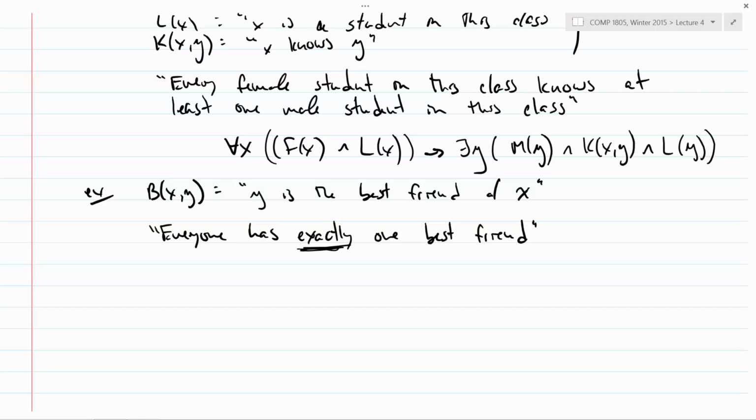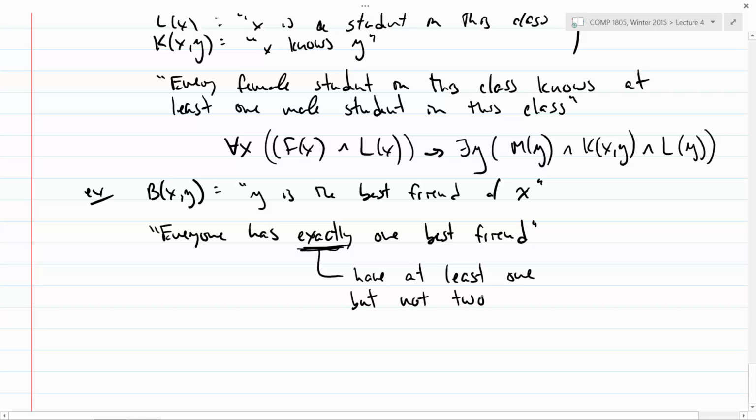If you have three best friends, I can find two people who are your best friends. So the idea is we want them to have at least one, but not two or more. If I can assert both of those things, then it's exactly one.